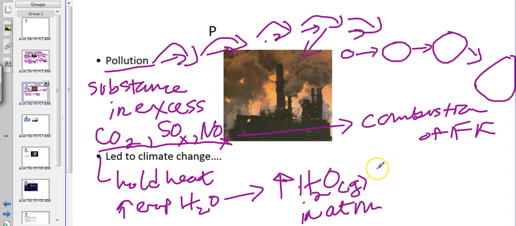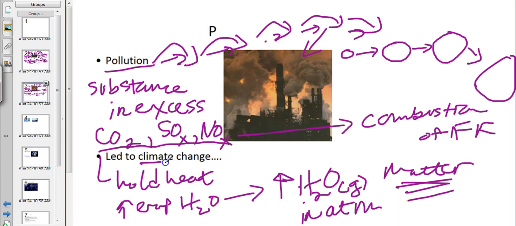So when you have more matter in the atmosphere, you're going to have more storms, and severe storms and changes in storms where you'll get drought where it used to be the rainy season, or you'll get the rainy season where it should be a drought time of year.